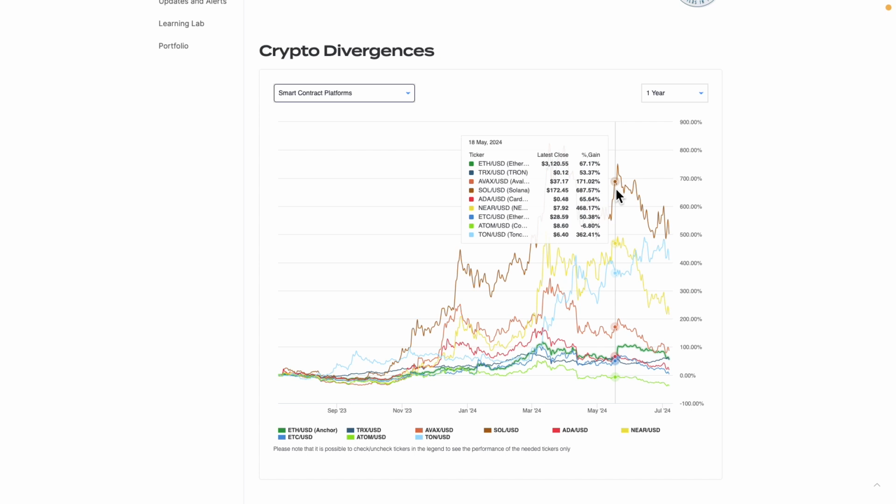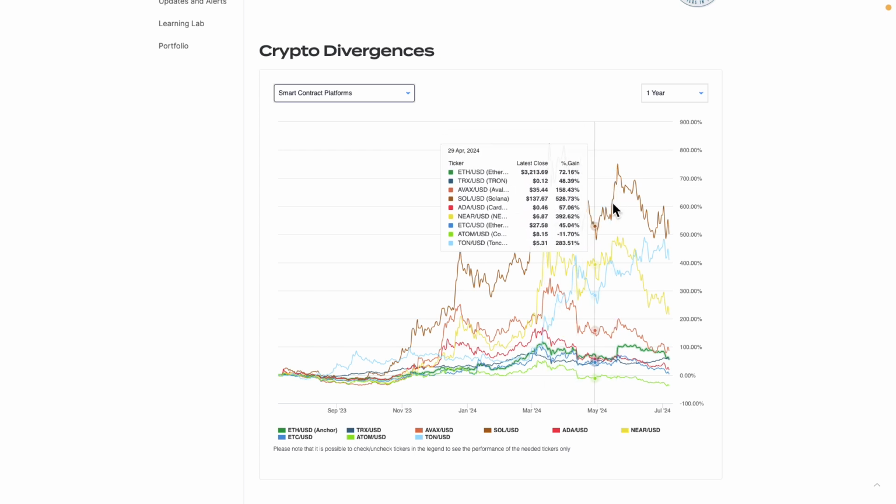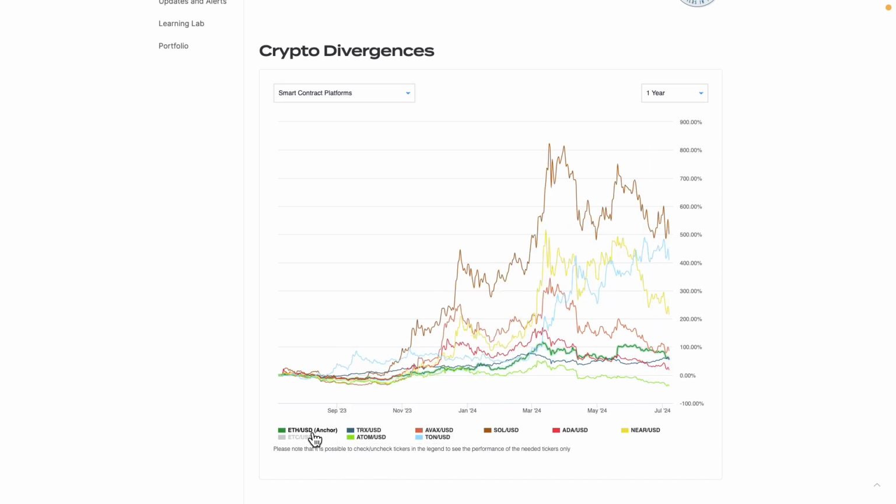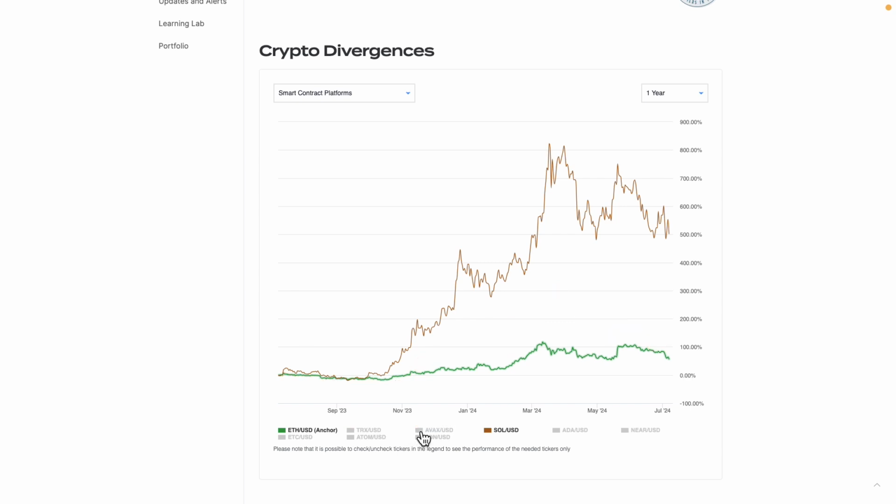Smart contracts, come here, and everything that we do is looking relative to one another. So smart contracts, if you're looking to do a trade, we value things against the alpha male, which for smart contracts is going to be Ethereum. We could look at just Ethereum relative to Solana over the last 1 year.